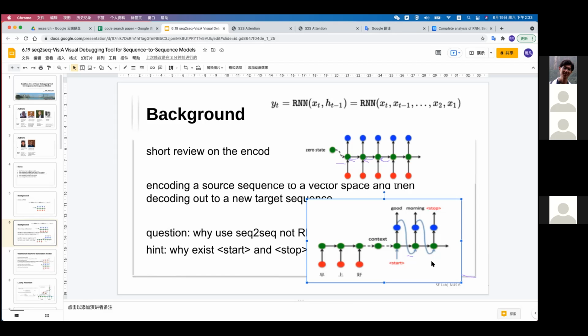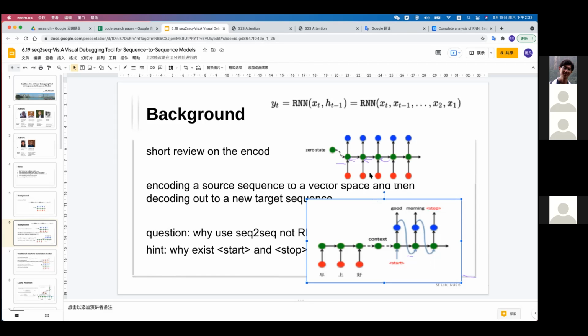What is your answer? Then it just makes it more flexible. You can have different lengths of input and output. Okay. I think this is the answer because now you don't need the same length of the input space and the output sequence.